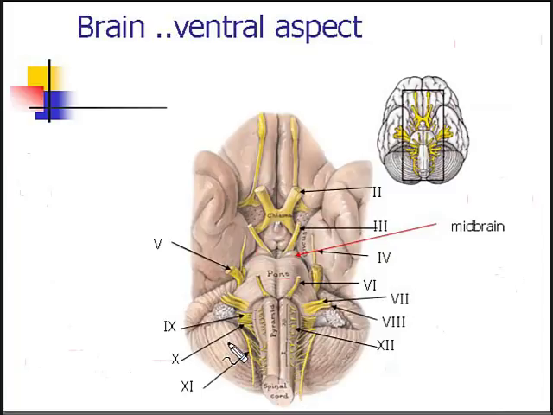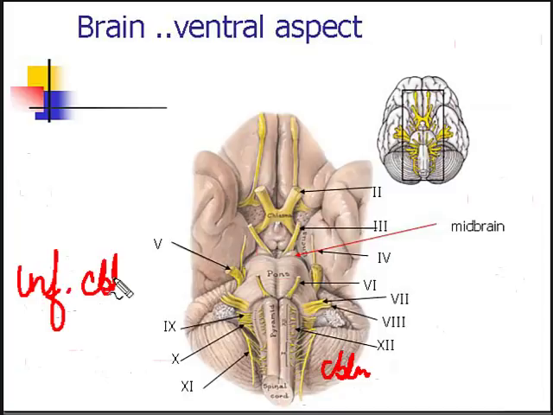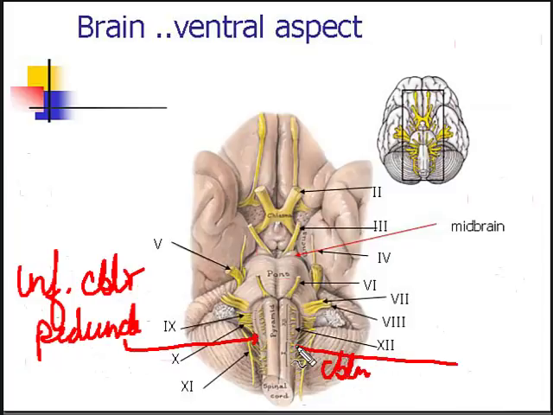This area of nervous tissue connecting the medulla to the cerebellum is known as the inferior cerebellar peduncle, and that is this portion here. So from medial to lateral, we have the pyramid, the olive, and the inferior cerebellar peduncle.